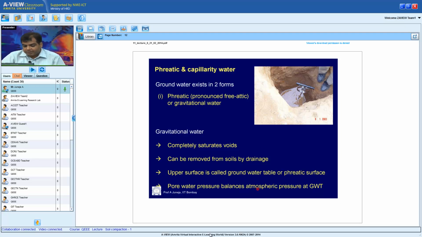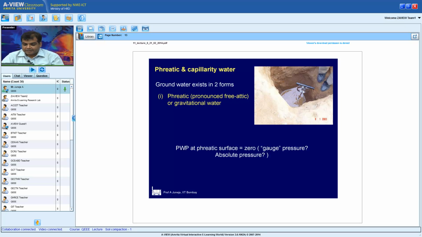The atmospheric pressure above the water table balances the water pressure at the phreatic level. So can I safely say the pressure at the phreatic level would be the same as the atmospheric pressure? I'm going to speak about this in the next slide as well.